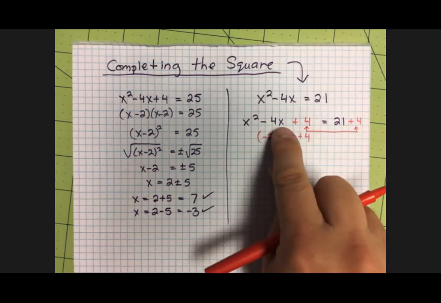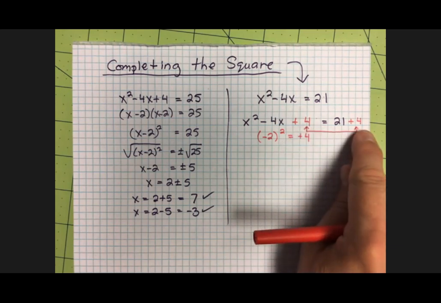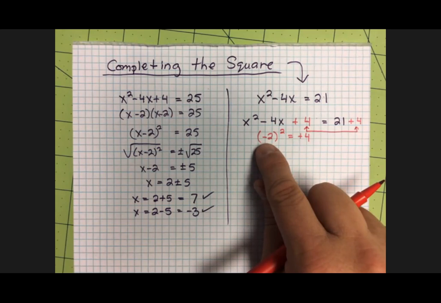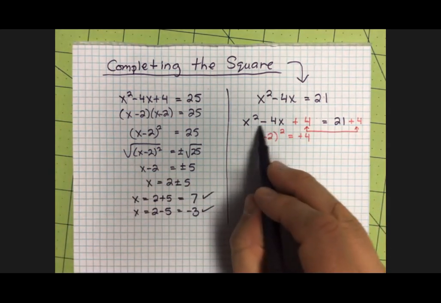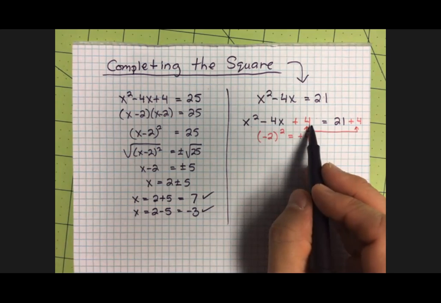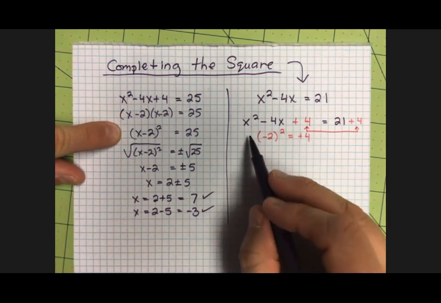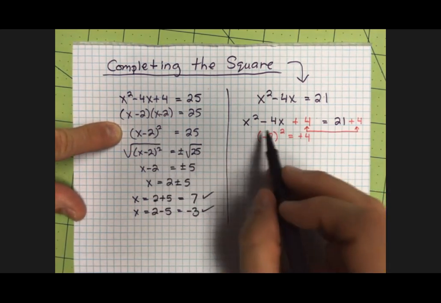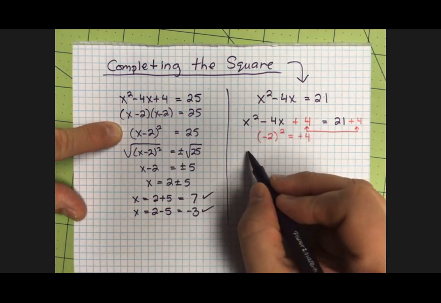So I took half the number in front of the x, squared it, and added that number to both sides. Now that I've done this, I get the bonus. What's the bonus? The bonus is the left side is a perfect square. What perfect square? Well, I just wrote it right here. This left side is x minus 2 squared. What if I didn't know how this factored? Well, completing the square takes care of that for me.